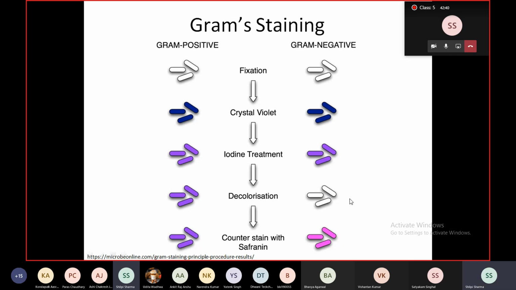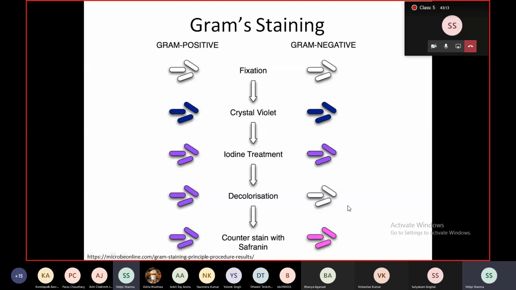In contrast, the same solvents dehydrate the thicker gram-positive cell wall, closing the pores as the cell wall shrinks during dehydration. As a result, the leaching of the violet iodine complex is prevented and the bacteria still stains as violet. Finally, a counter stain is added to the cells, and the gram negatives take up this color and stain pink.